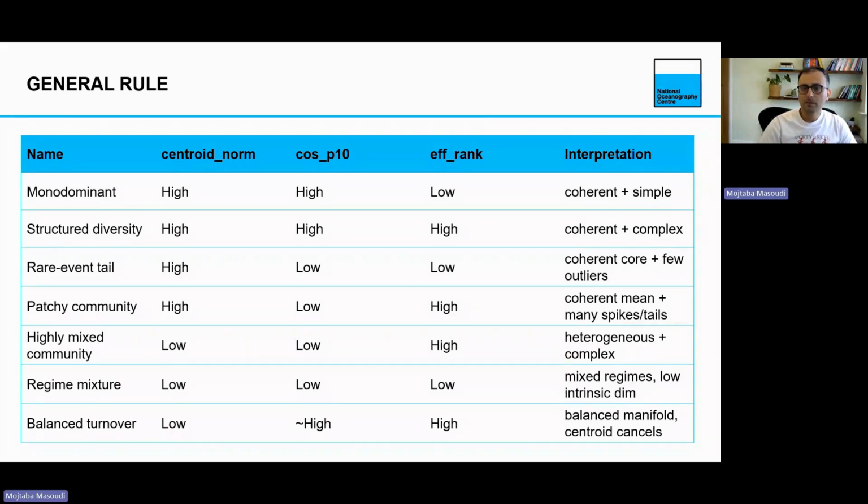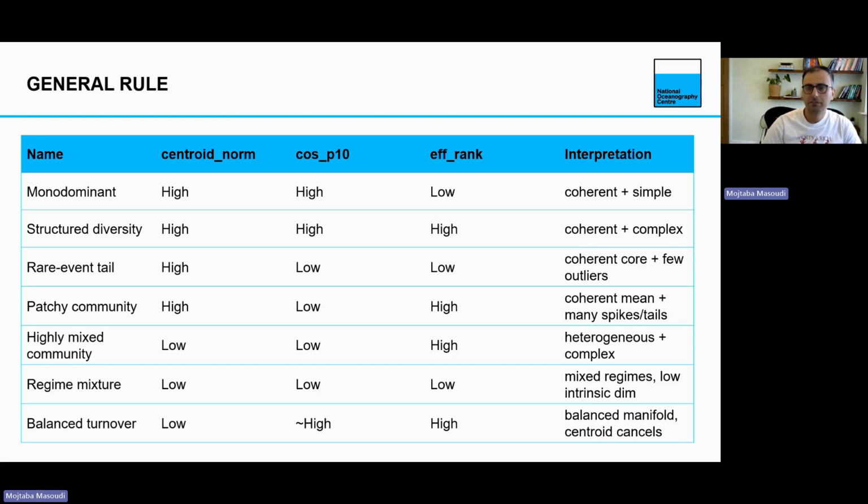So we created some names for those geometries: monodominant, structural diversity, rare events, patchy community, balance, turnover, regime mixture, highly mixed community. It completely depends on the metrics we calculate.